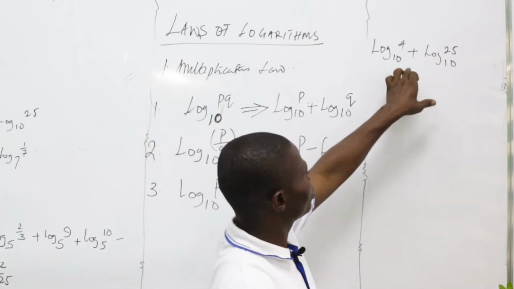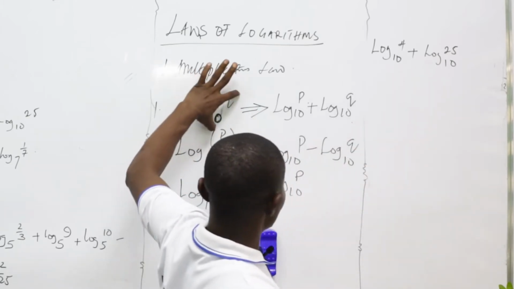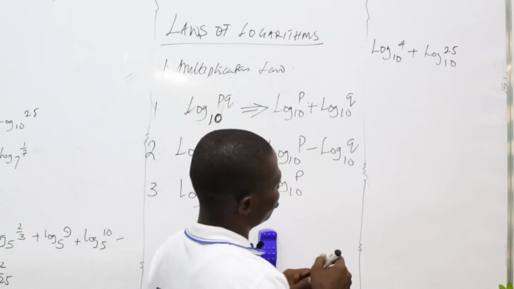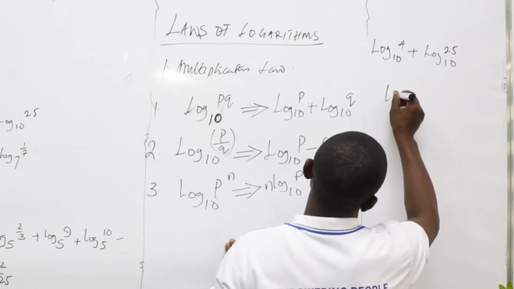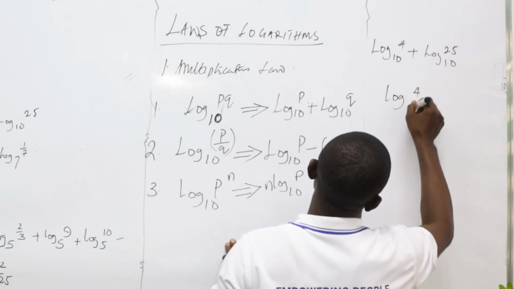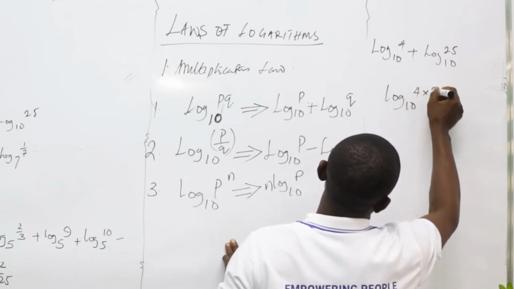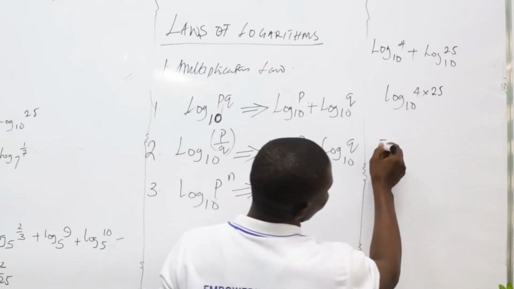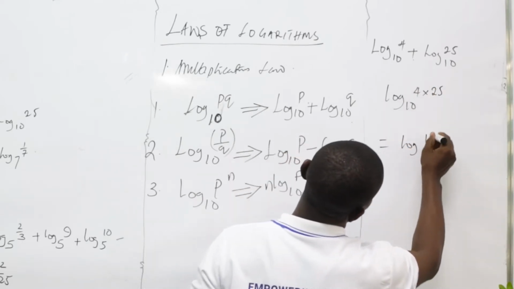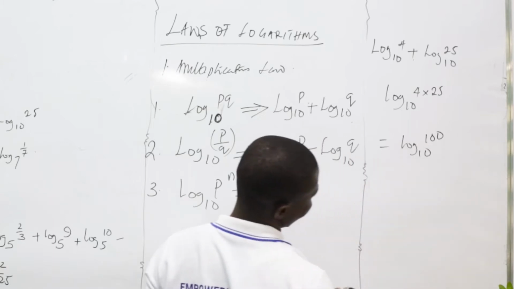Recall that plus means what? Multiplication, first law, which will give us log 4 base 10. Since their bases are equal, plus means multiplication. So this will give us log 100 base 10.